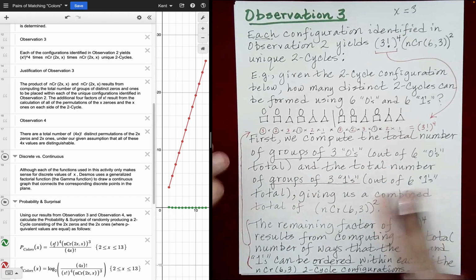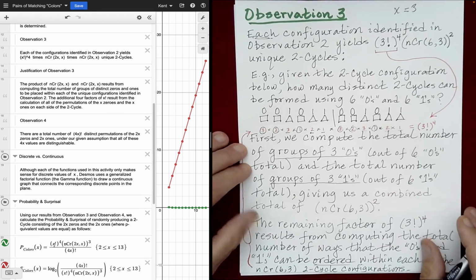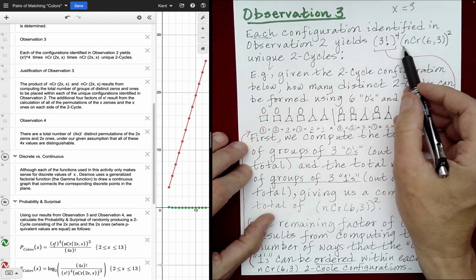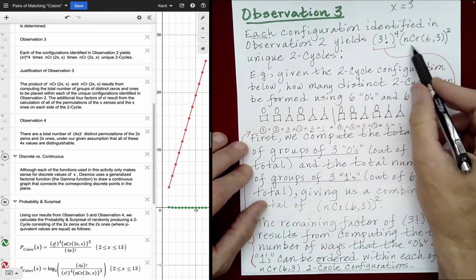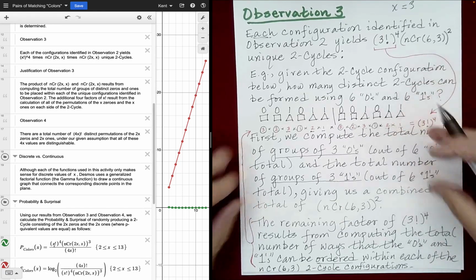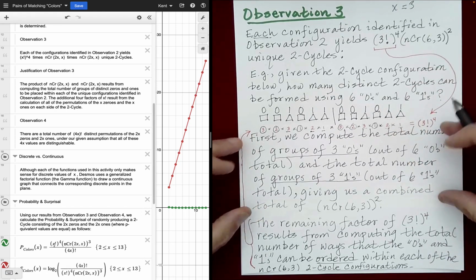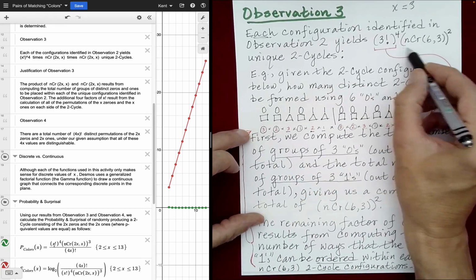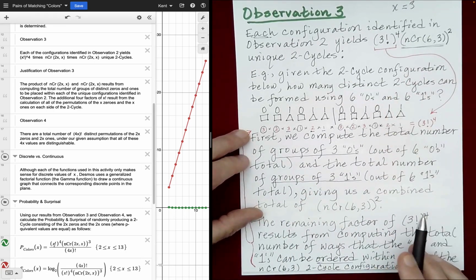It doesn't actually matter. We found this first, and now we're going to figure out that. This is explained first in my write-up, so apologize if that's confusing. So we're going to work on this and figure out what that is.